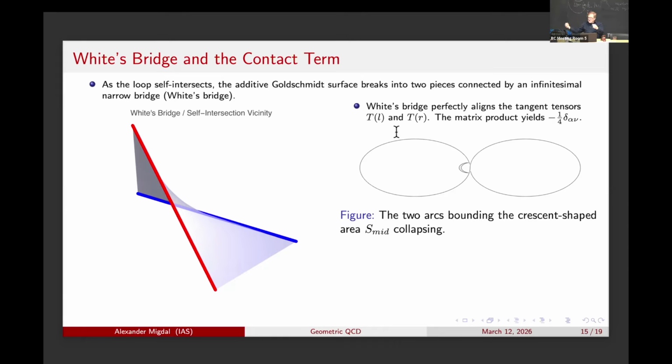But now, if it is a minimal surface, according to White's theorem, when the loop is close to self-intersection, the surface shrinks and becomes locally small. And that means that these two T mu nu would be at a similar physical location of the surface, which means they will be the same, and then we'll have T mu nu times T mu nu, and that will be delta mu nu. So it will be a universal delta mu nu constant.